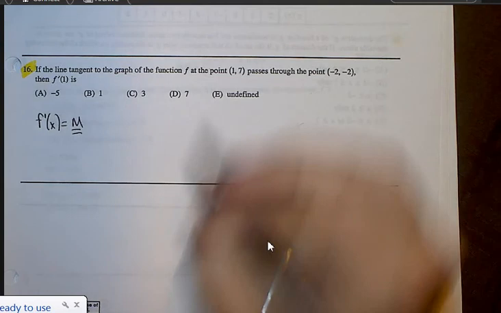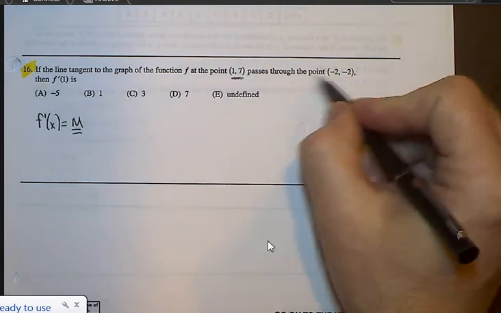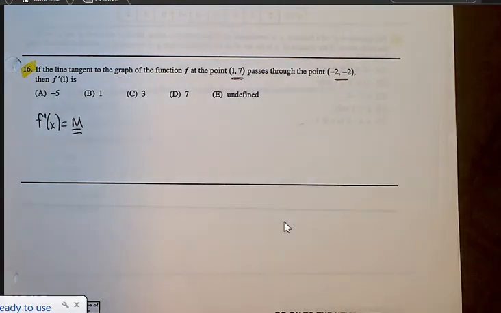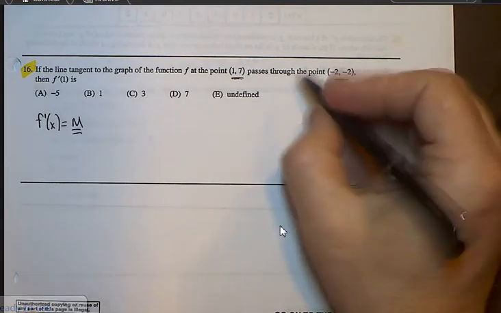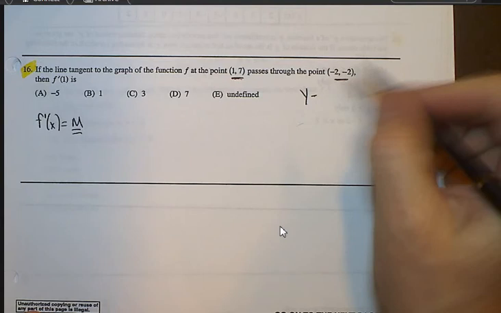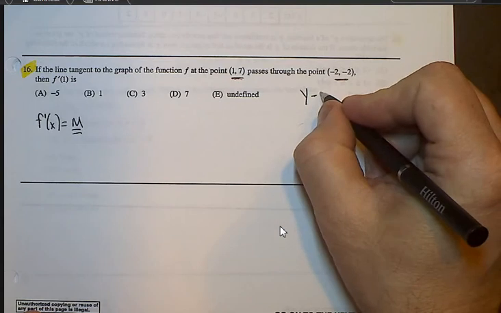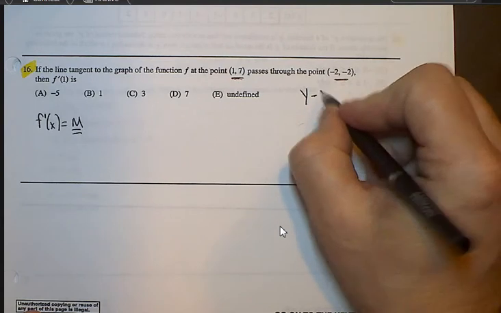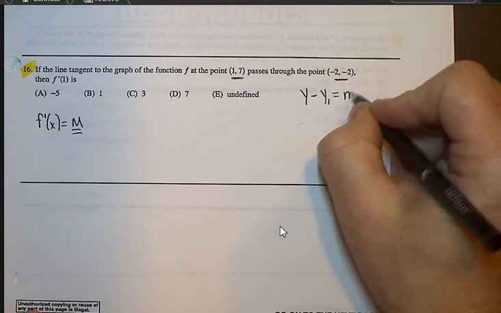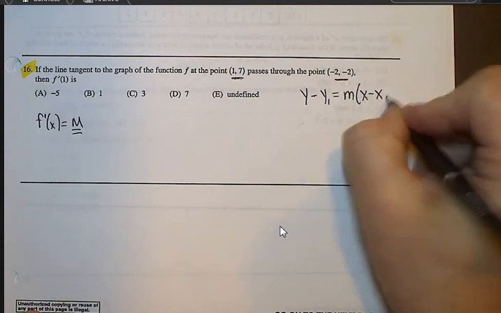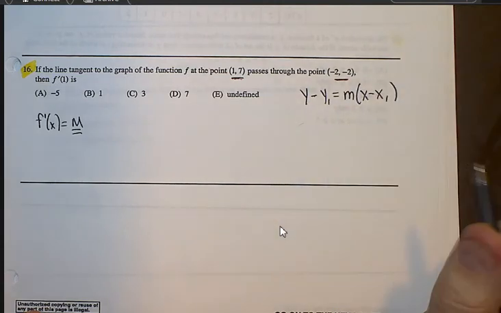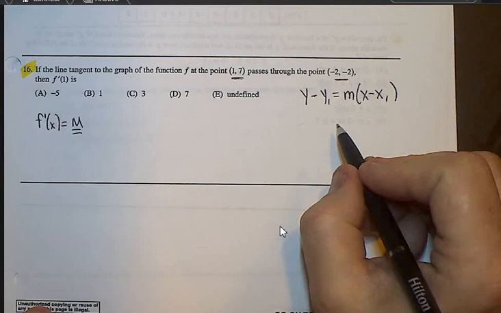And since we know a point on the curve and we know that the line tangent to the curve passes through a point, we can come up with the equation for the line tangent: y minus y1 is equal to m times x minus x1. Actually, we don't even have to do that.